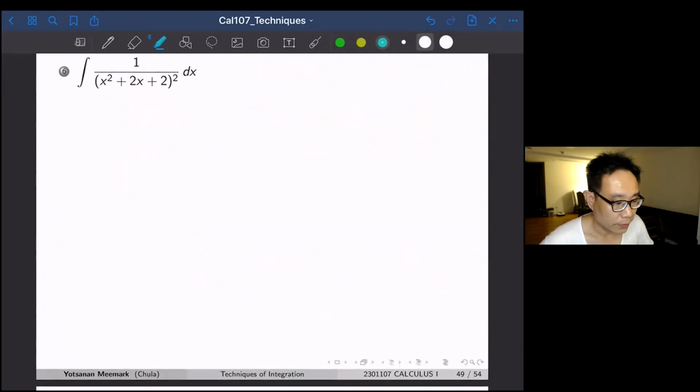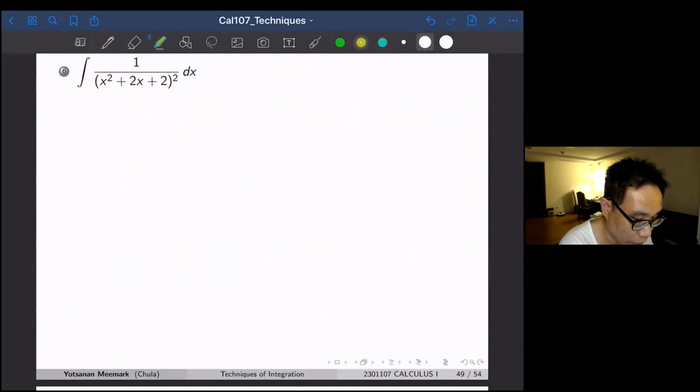The next one, you see that you have 1 over x squared plus 2x plus 2 square. So you see something like this, before that you need to complete the square for sure. Okay, so I'm going to highlight the yellow guy first.